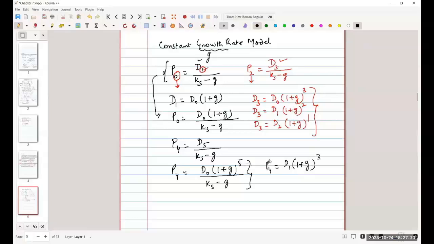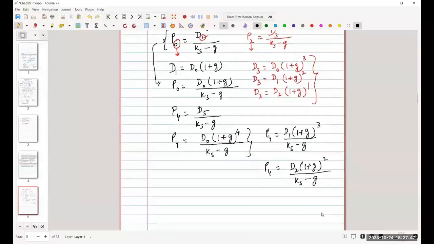So this is 4, let me make the correction. Right, and somebody else could have written it as this too. So it depends on what type of information or data you have.